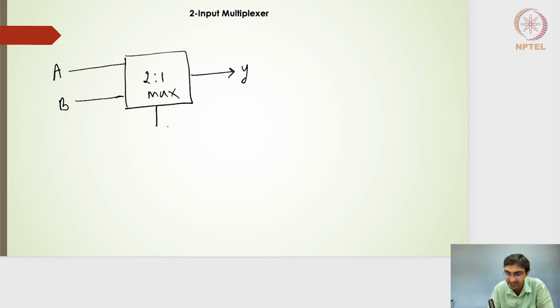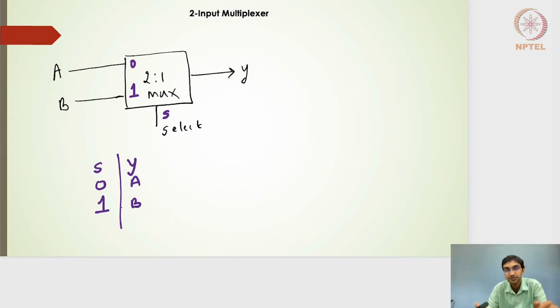I should have a select line here, the S pin. Whenever S is 0, Y will be A, the input pin number 0, and whenever S is 1, we will get the output as B, right? This is the basic definition of the multiplexer.